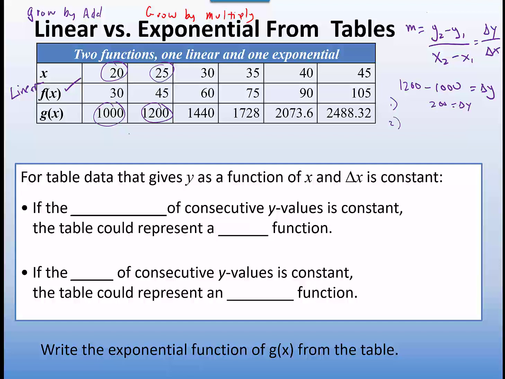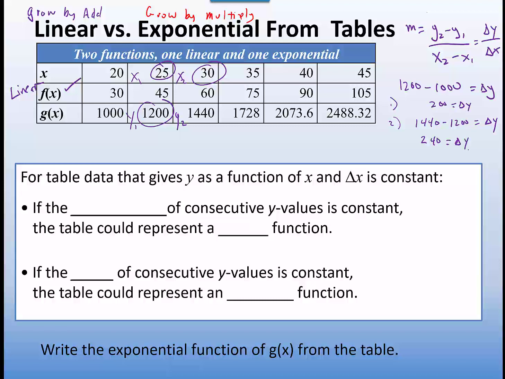The second time, now I'm going to move my points over. And I'm going to use this pair, x1, y1, and this pair, x2, y2, and try again. Now, I'm only going to look at delta y. It is 1440 minus 1200. That's the delta y. And when I subtract that, I'm getting 240 equals delta y.